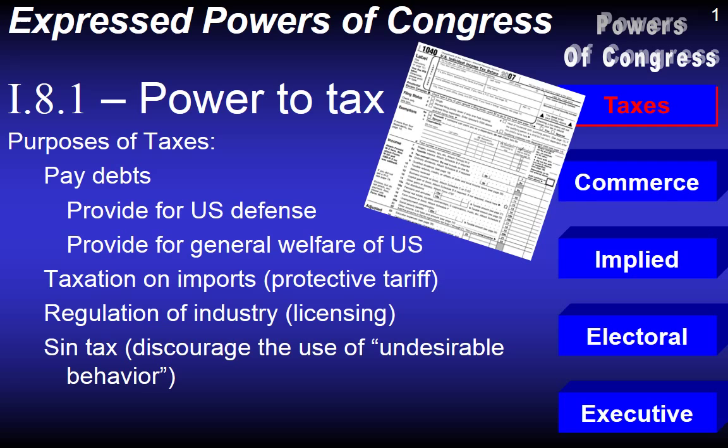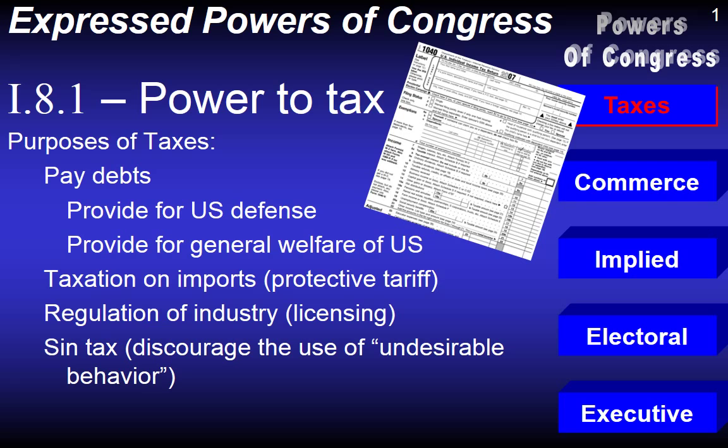And so a protective tariff essentially automatically raises the price of the import so that the domestic manufacturer can compete with similar prices, or maybe even a better price, because the protective tariff jacked it up.